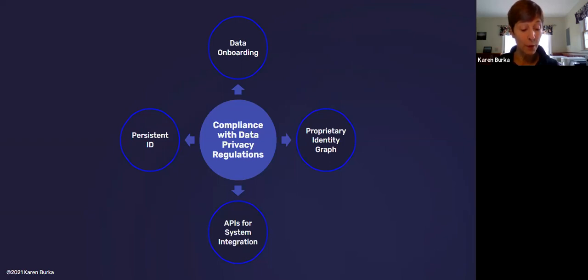I want to give you an example. In California, the state is already on the second iteration of its consumer data privacy law, which is now called the California Privacy Rights Act. The first iteration was called the California Consumer Privacy Act, and they've tightened it up even further in the last 2 years.